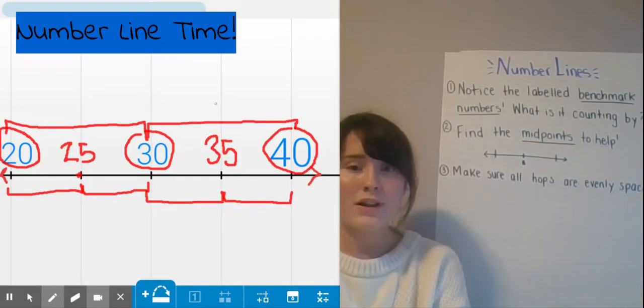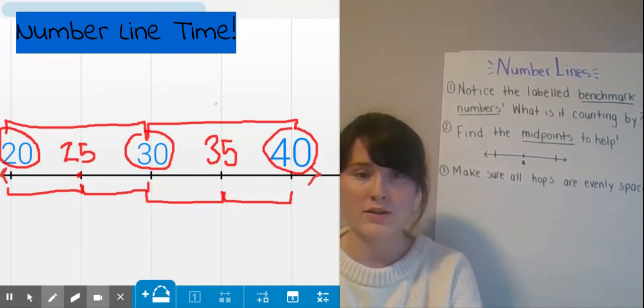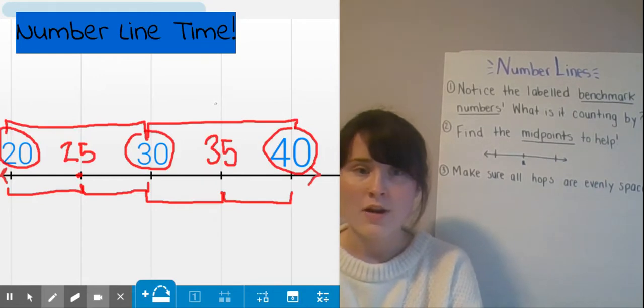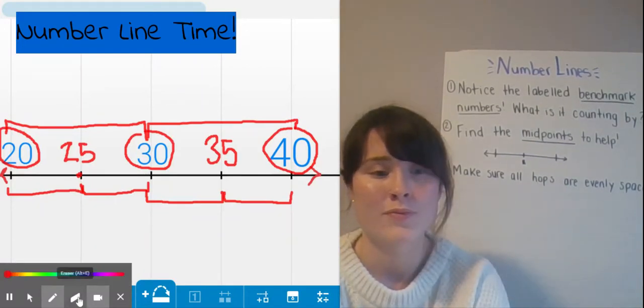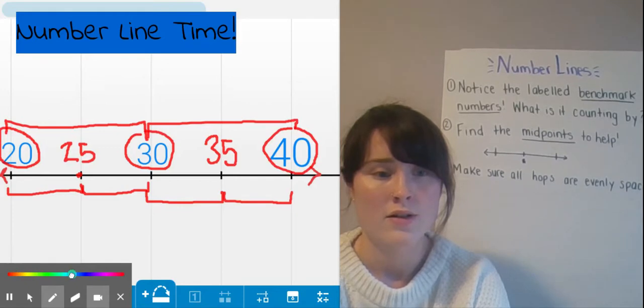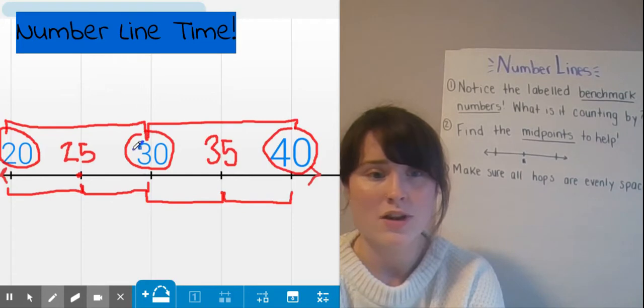Now, when we go to label a new number, we just need to make sure all of our hops are evenly spaced. So on your number line, I want you to find where we would label the number 32. Go ahead and try to find where we would label 32. So I know that 32 will be somewhere in between 30 and 35.